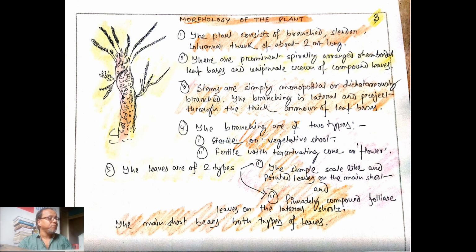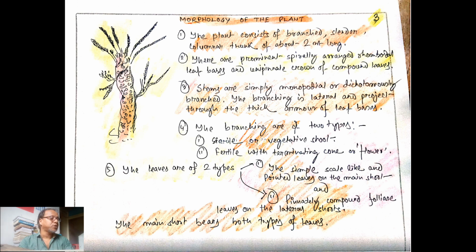The stems are simply monopodial or dichotomously branched, and the branching is lateral and projects through the thick armor of the leaf bases. Regarding the branches, these are of two types: sterile or vegetative shoots, that is, they do not bear any cone or flower, and fertile ones, which bear cones or flowers.